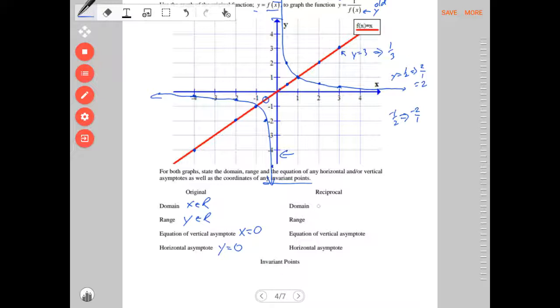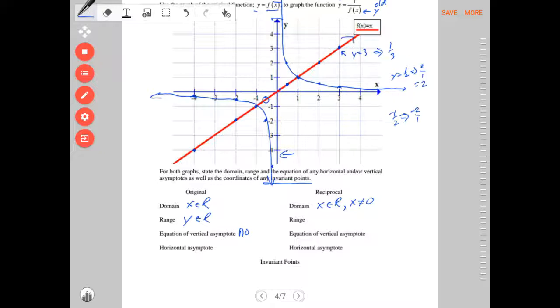So the domain here was x cannot equal 0. Wow, that's really embarrassing. I'm so sorry, we're backing up. On this original graph, remember, there's no vertical asymptote on the red line up here.